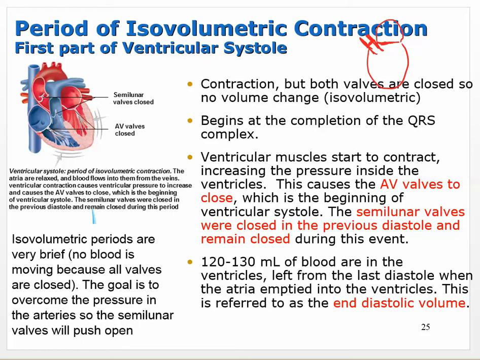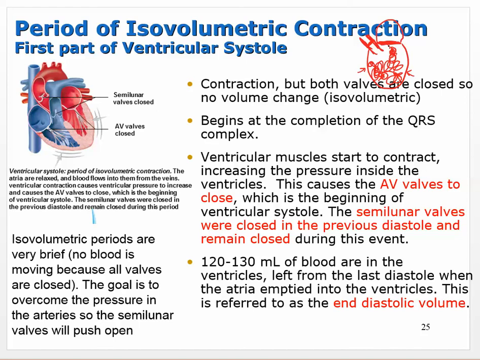Well, when the ventricle starts to contract and it is filled with blood, that extra pressure is going to push that AV valve closed. This is kind of important. This isovolumetric contraction is way more important than people give it credit for. Poor little lost isovolumetric contraction.